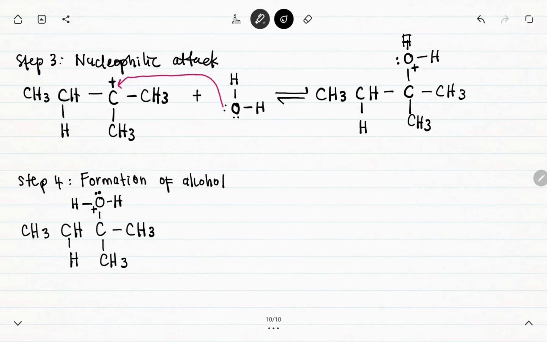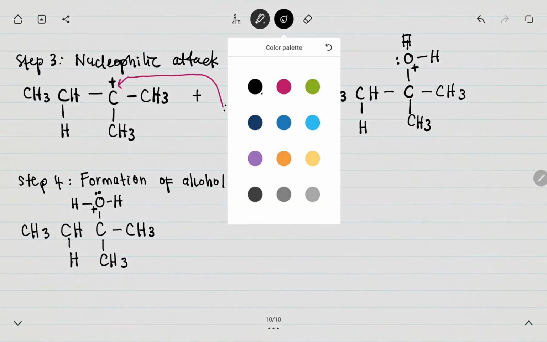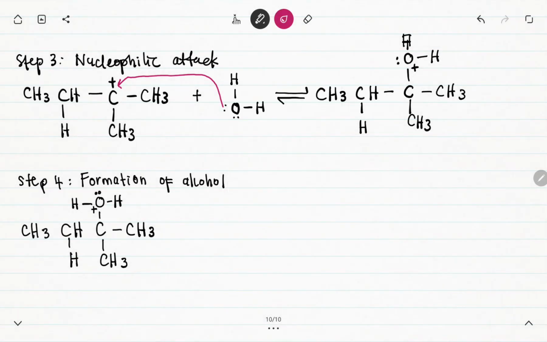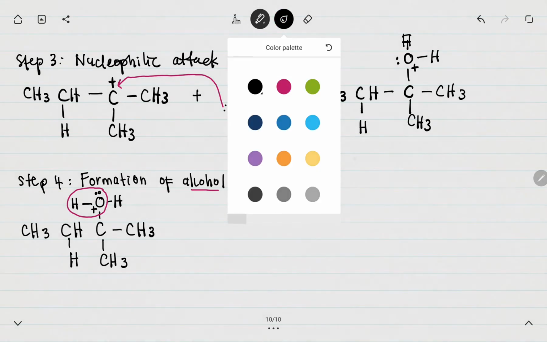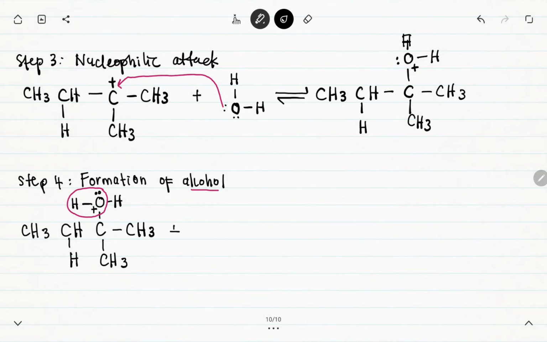So in step 4, our target is the formation of alcohol. For this alcohol, we refer to our intermediate species, where the H2O was added here. This means the covalent bond between O and H must be broken. The reaction takes place between this species and the water that was already eliminated in step 1.